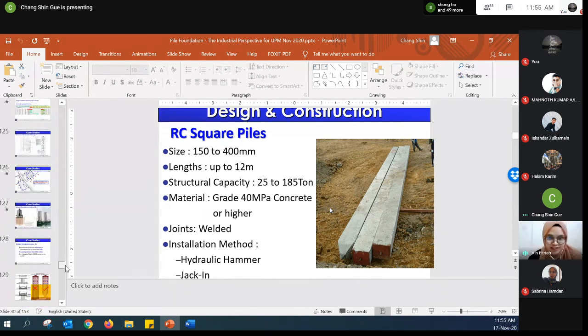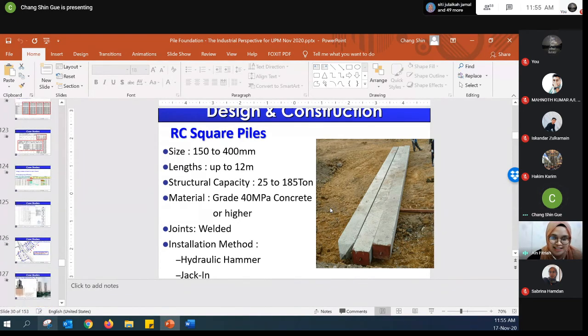And for the third question, since my group handles a project for an overhead bridge, I want to ask your opinion: what type of pile is suitable for overhead bridge construction? The reality is that I won't be able to answer it.